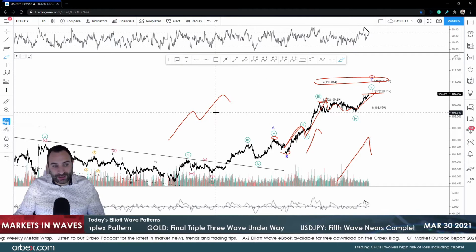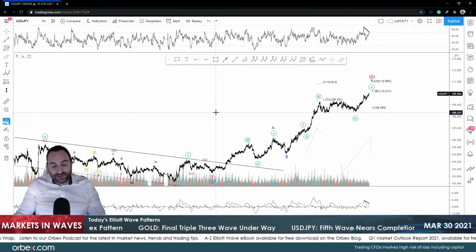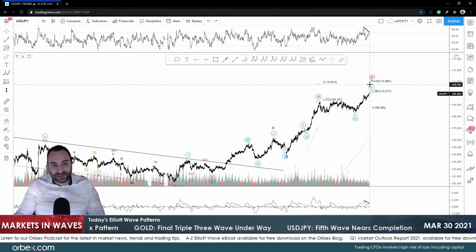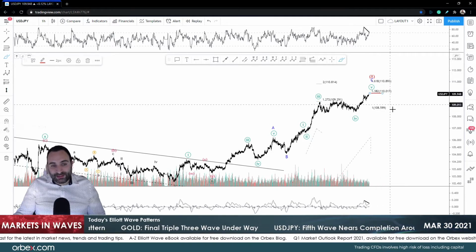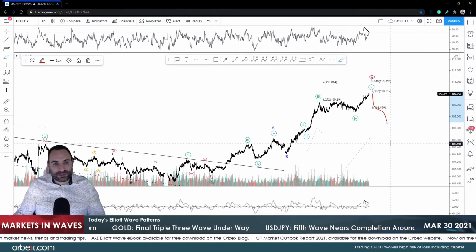Okay, so in our case, wave 3 is equal to wave 1. For that reason, we expect wave 5 to be smaller. So 110.80 also is possible, but the 110 is also a very good level to start considering a downside reversal.